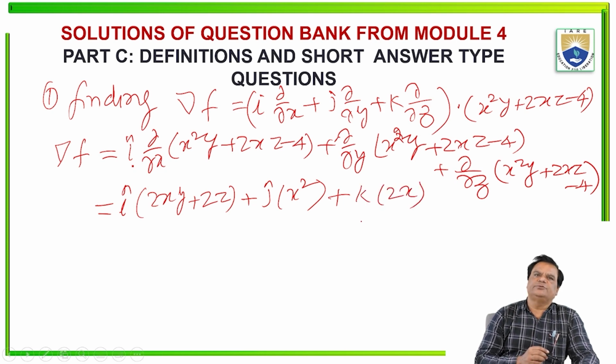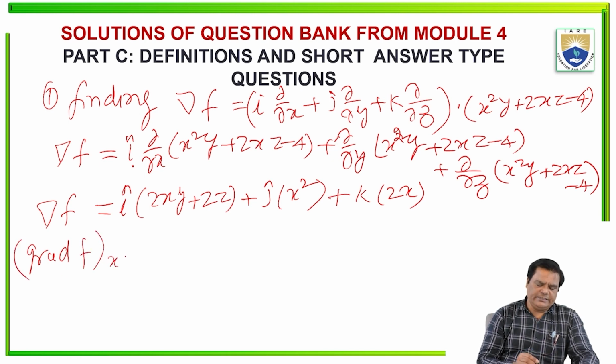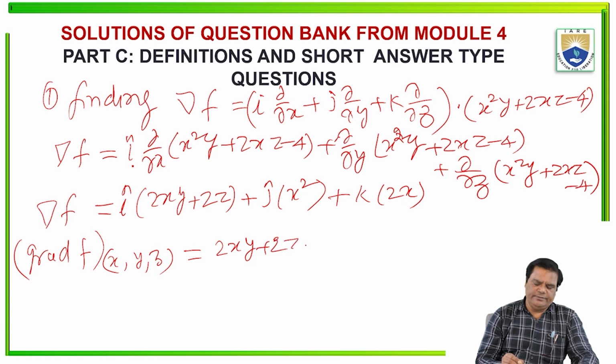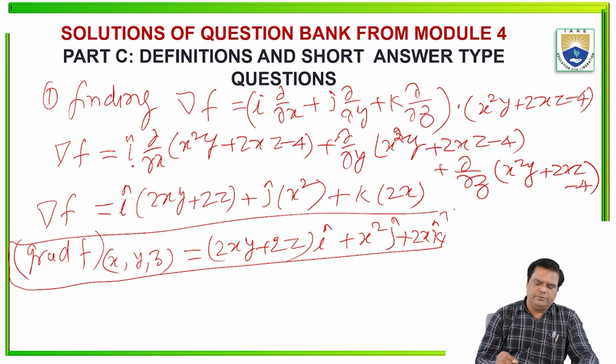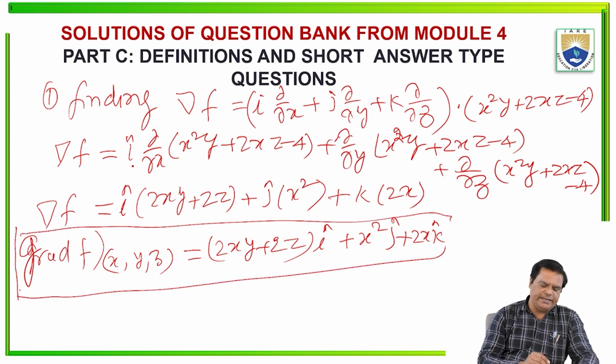So this is grad f: (2xy plus 2z) i plus x square j plus 2x k. This is grad f at point x, y, z.